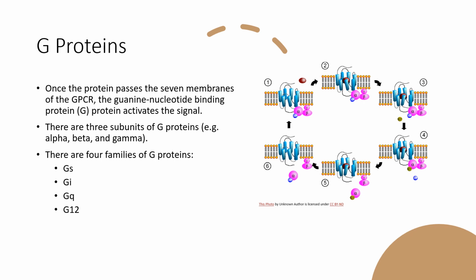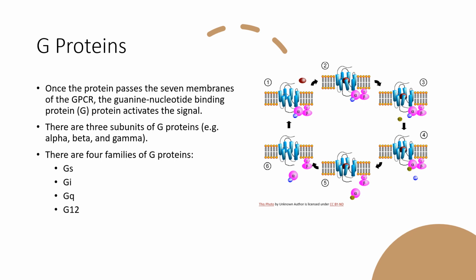Once the protein has gone through the 7 membranes of the GPCR, the signal is activated by a G protein, also known as the guanine nucleotide binding protein. There are 3 subunits to a G protein, alpha, beta, and gamma, which is seen here in pink on this diagram, and it is also accompanied by 4 families.